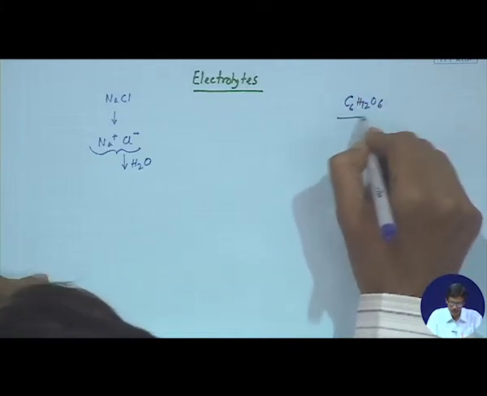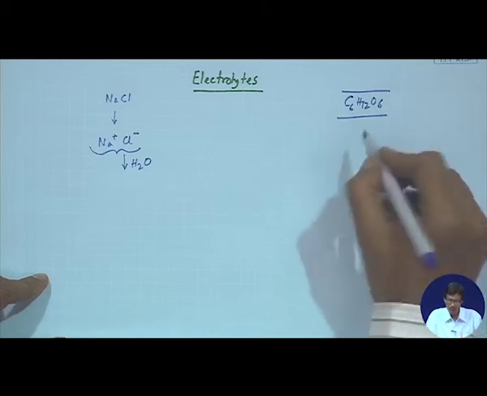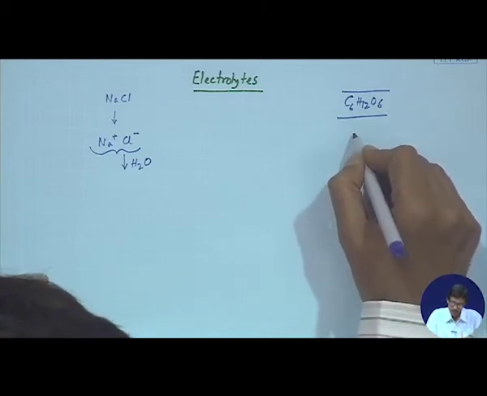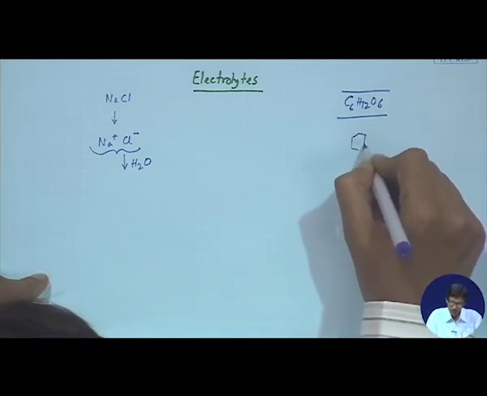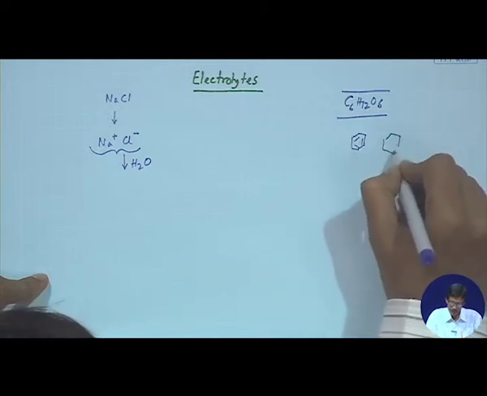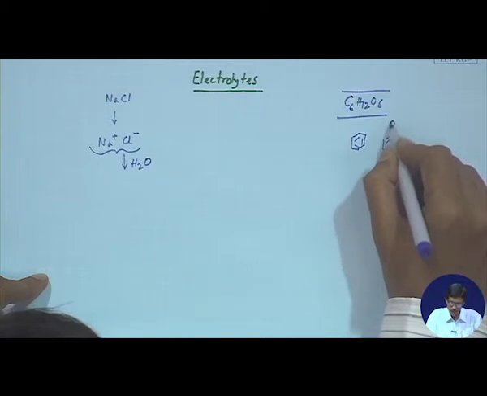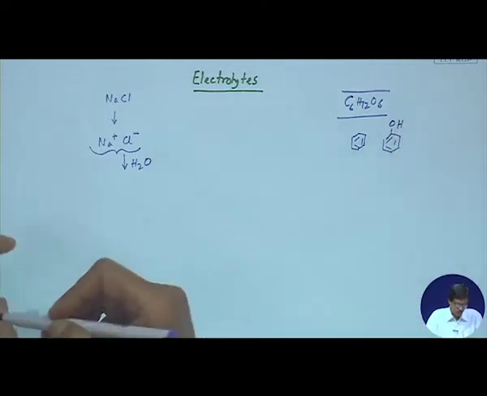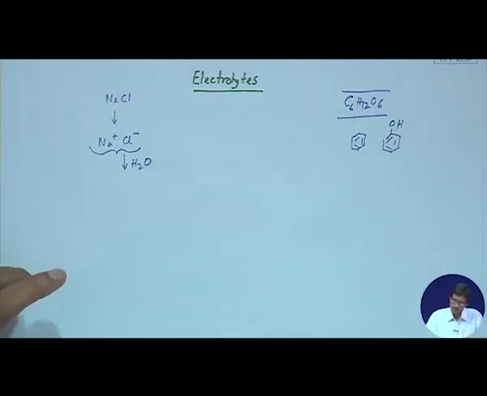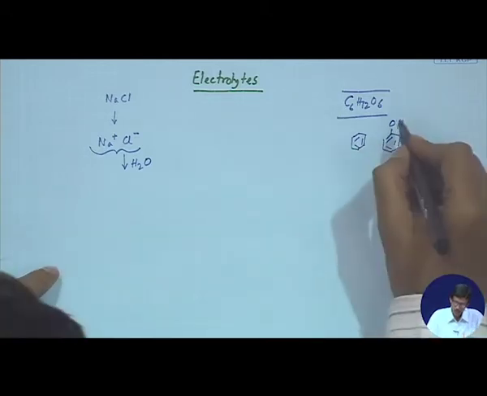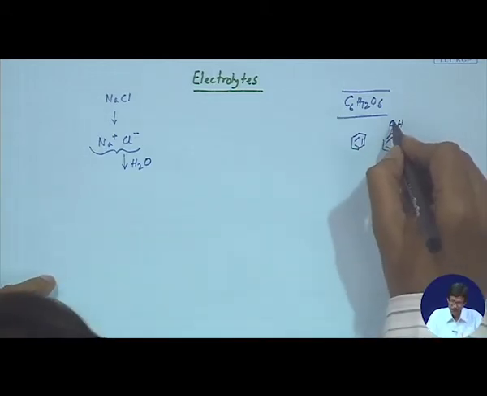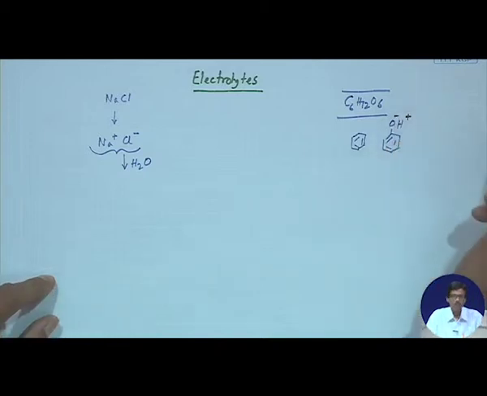We have known all these things from our school days. Even if we write the simple benzene molecule, or the corresponding phenol molecule, there will be some amount of dissociation, because we know it can dissociate into phenoxide ion and H plus.